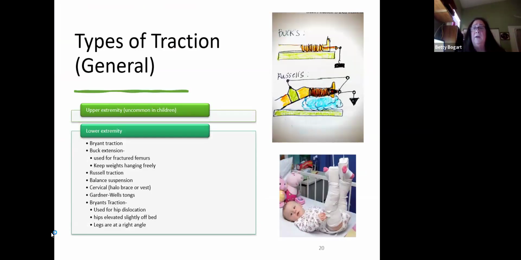So there's Buck's traction, Russell's traction, and Bryant's traction. Russell's traction and Buck's traction are both the same type of thing, and it's used for fractured femurs. Russell's traction just adds an extra piece that covers the thigh, but they both pull the femur straight so that the bones are approximated, relieving all of that pain from muscle spasms until they can do surgery.